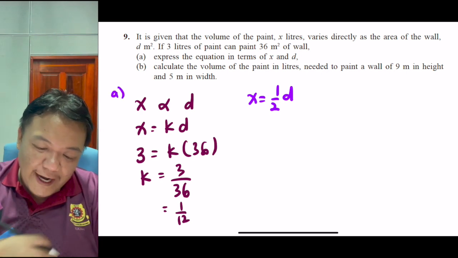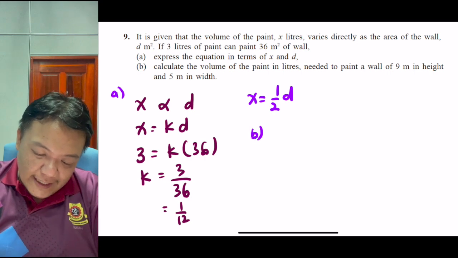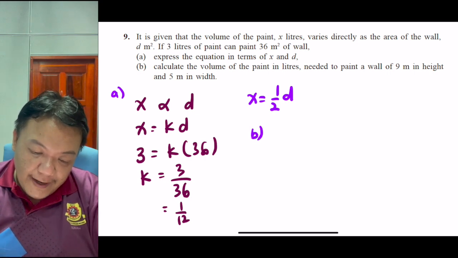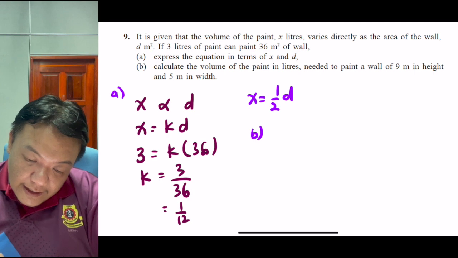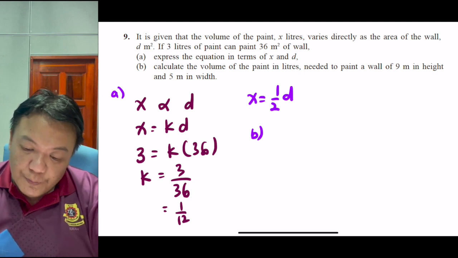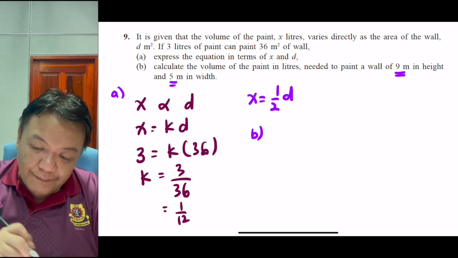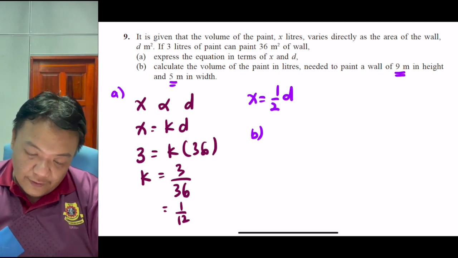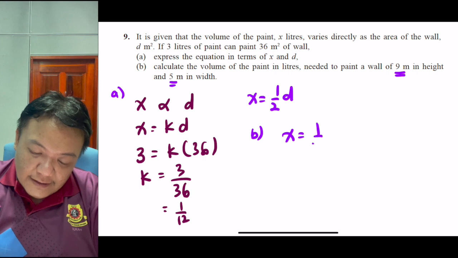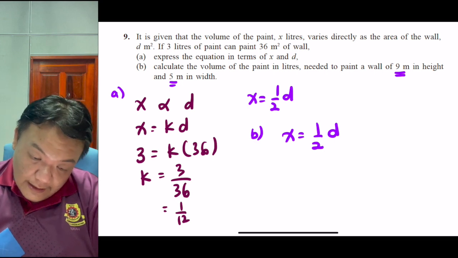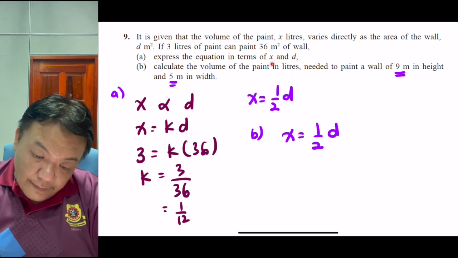Okay, settle for A. And then for B, calculate the volume of the paint in liter needed to paint a wall of 9 meter height and 5 meter in width. Okay, so here you have x is equals to 1 over 12d. So the question wants you to find volume in liters.